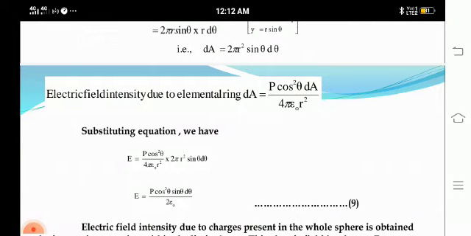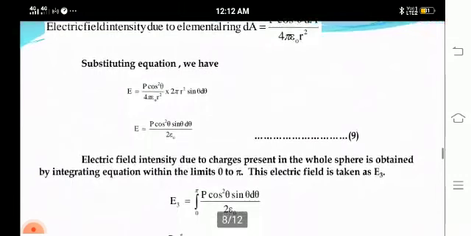Substituting, we get E equal to P cos squared theta divided by 4 pi epsilon naught r squared, times 2 pi r squared sin theta d theta. The electrical field intensity due to the charges present in the whole sphere is obtained by integrating the above equation within the limits 0 to pi.